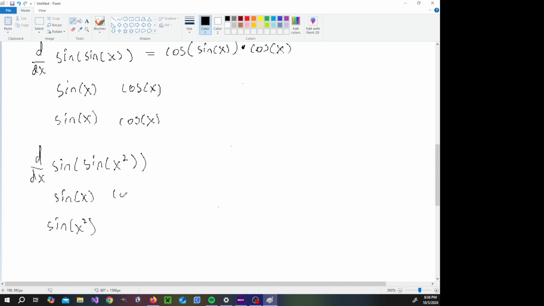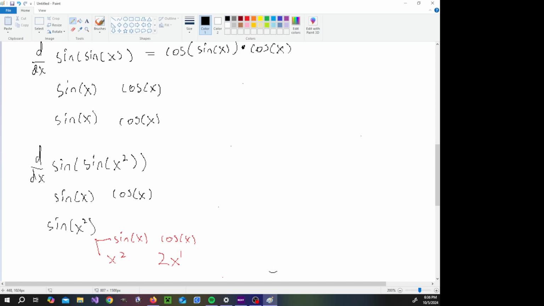So now taking the derivative of the outside is still just cosine, but now the derivative of the inside requires its own chain rule. So now we look here, the outside is sine, the inside is x squared, derivative of sine is cosine, derivative of x squared, the 2 drops out front, and then we subtract 1 from the power, 2 minus 1 is 1.